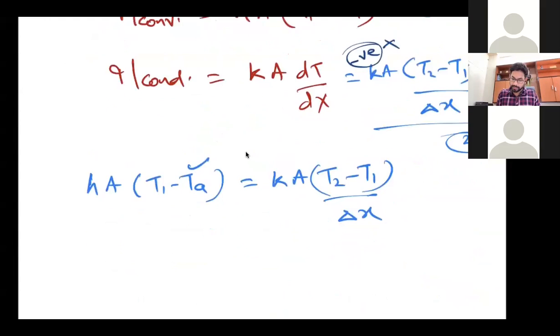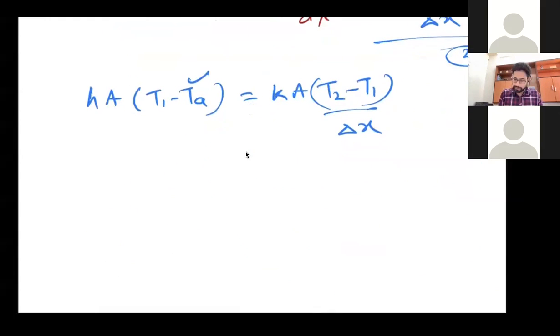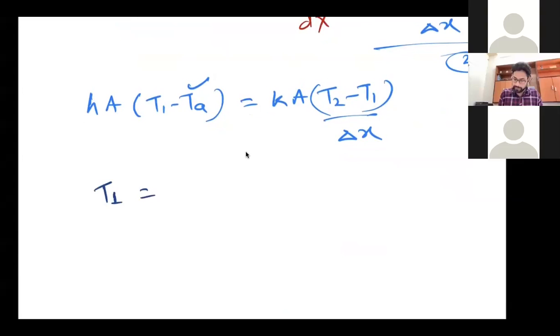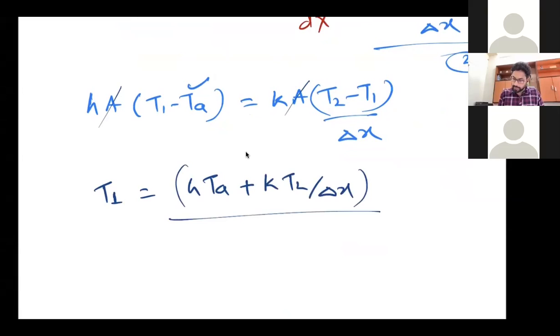So we will take T1 to the left and everything to the right, and that gives the overall balance: T1 equals h T air plus k T2 by delta x, divided by h plus k by delta x.